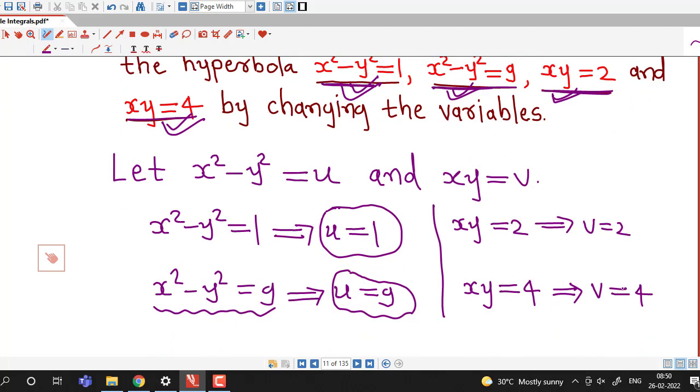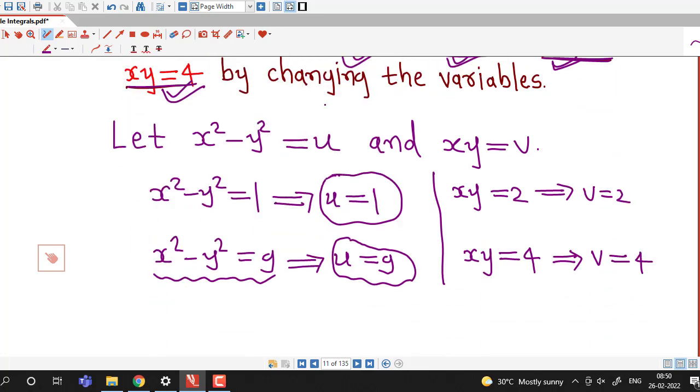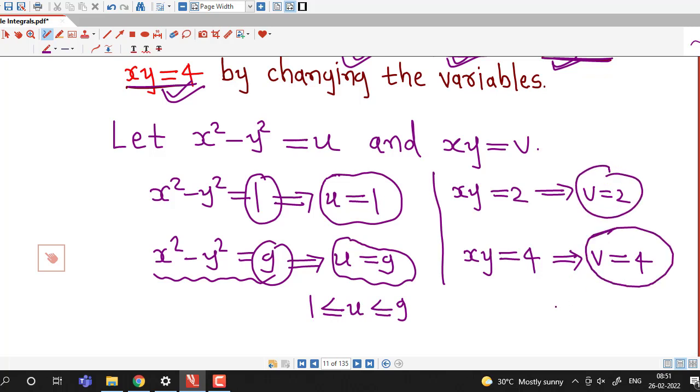Now we have to consider the region R bounded by these hyperbolas in the first quadrant only. And here we have 1 and 9. So from this we can have the idea that limits of u must be in between u equal to 1 and u equal to 9, and from these two lines we can say that limits of v will be from v equal to 2 to v equal to 4.